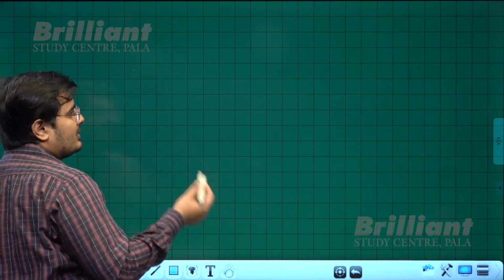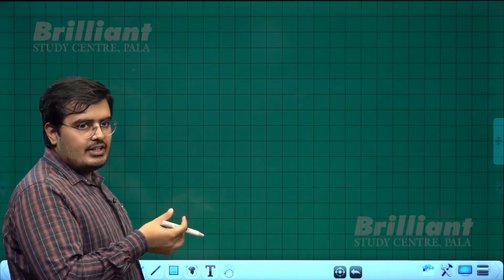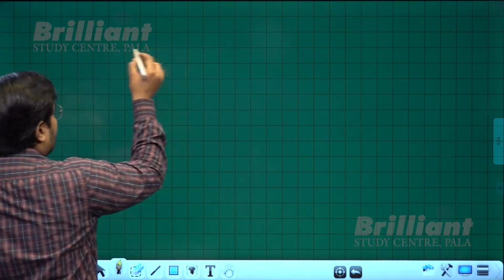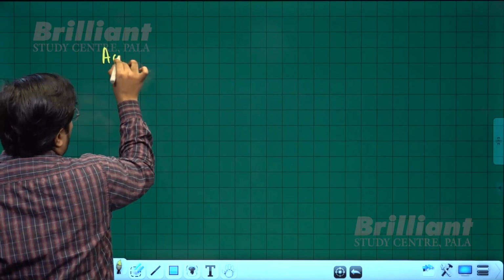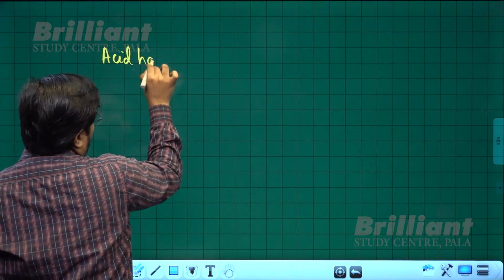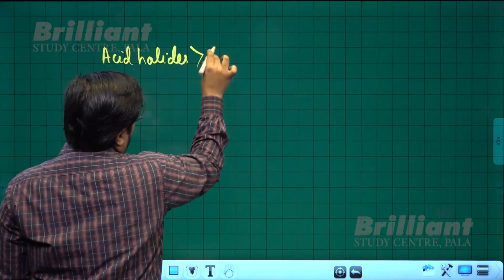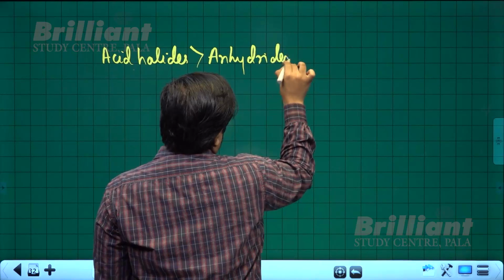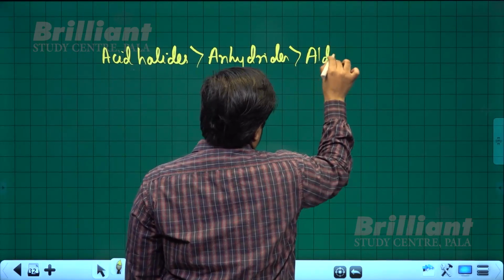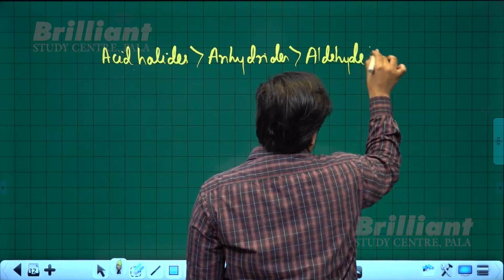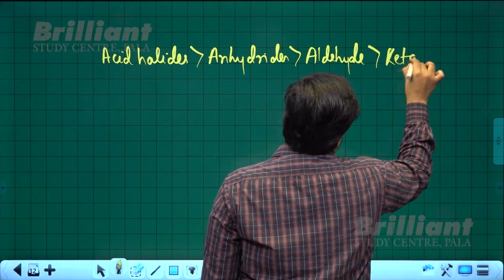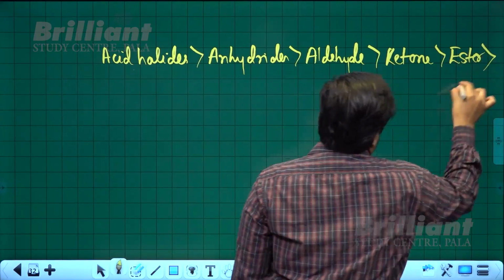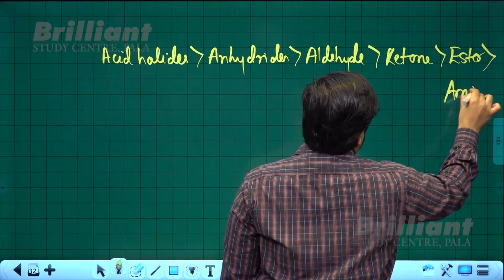So if I compare the reactivities of aldehydes and ketones with carboxylic acid derivatives towards a nucleophile, then the overall order will be: acid halides are the most reactive, followed by anhydrides. After this, the next reactivity will be for an aldehyde, then ketone, then ester, and the last one will be amides.